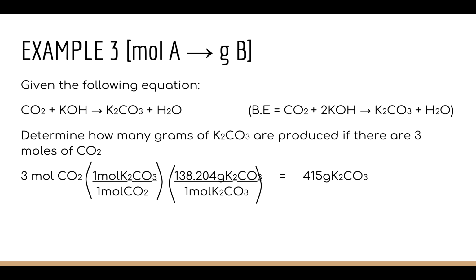For moles to grams, again, the same method. We create the molar ratio, 1 mole of potassium carbonate over 1 mole of carbon dioxide, and 1 mole of potassium carbonate is equivalent to 138.204 grams of potassium carbonate.